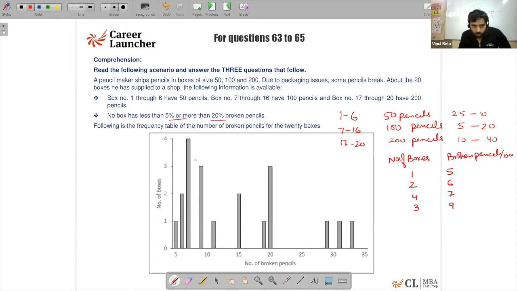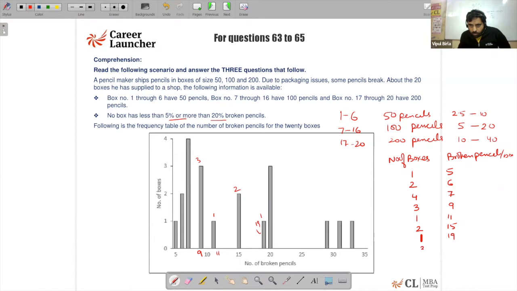So it's going to be 3 and it is 9. Then one box with 11 pencils broken, two boxes with 15 pencils broken, and one box with 19 pencils broken.